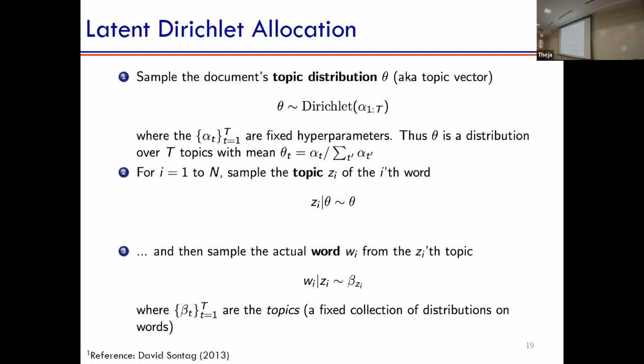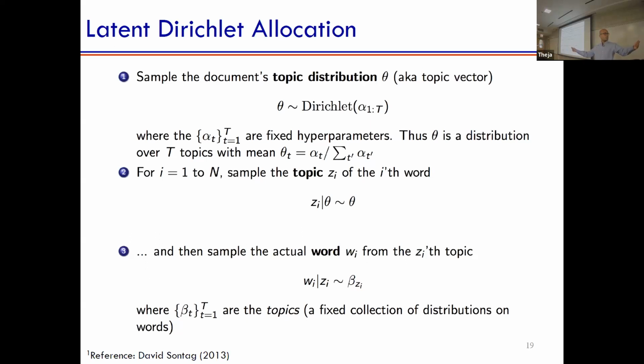So if the first location says the topic is sports, then from the appropriate sports topic distribution, you sample the word. Now what is the sports topic distribution? This is a parameter of this model, just like the alpha. This is another parameter of this model. The sports topic distribution is just, think of the dictionary of whatever 50,000 words that you have.